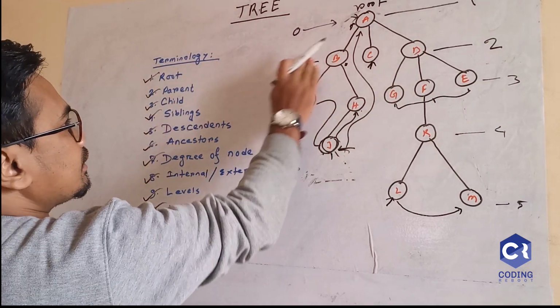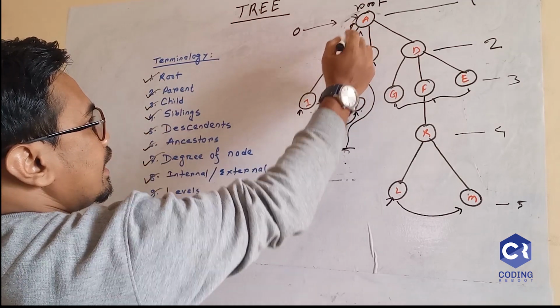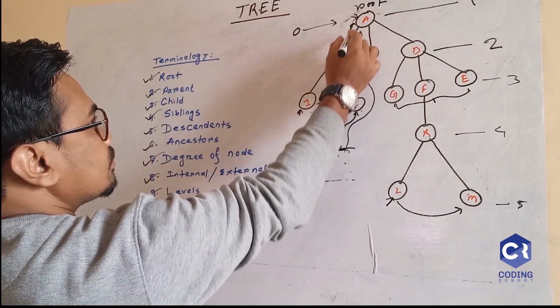And after that, from A to B, that is one edge.